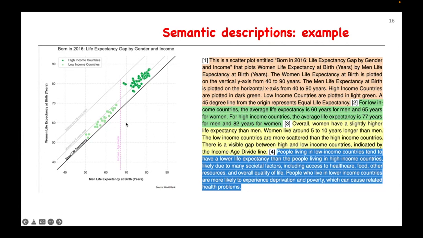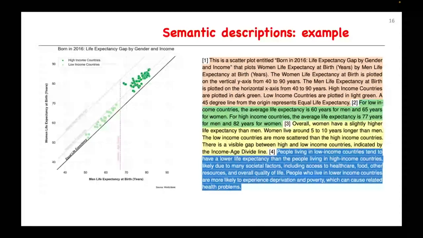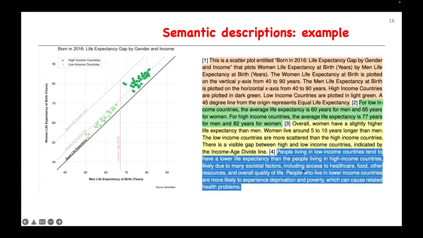Those are all things we can read off, because with high income, low income, we can see what the averages are. That sort of level of description is the sort of stuff that is most generally useful. If we go on from there, we say people living in low-income countries tend to have a lower life expectancy due to many societal factors and so on.